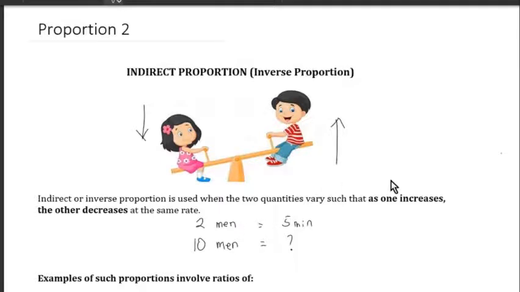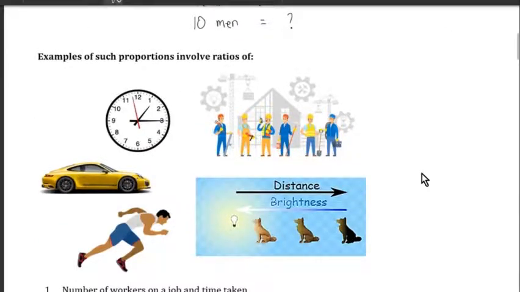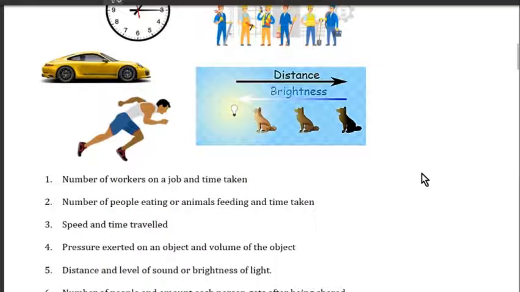Let's look at some examples of indirect or inverse proportion in real life. So we use indirect or inverse proportion when we have a number of workers on a job and the time taken to complete the job. We can also use indirect proportion when there is a number of people eating or some animals feeding and the time taken for them to finish the food.